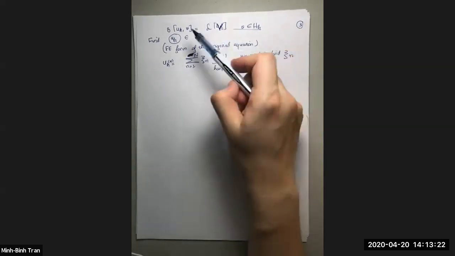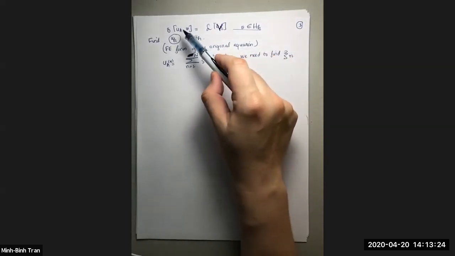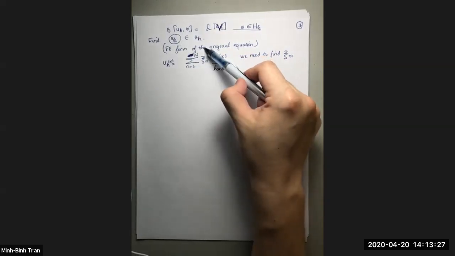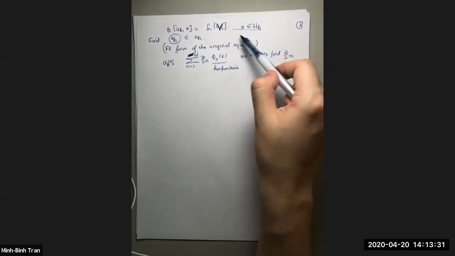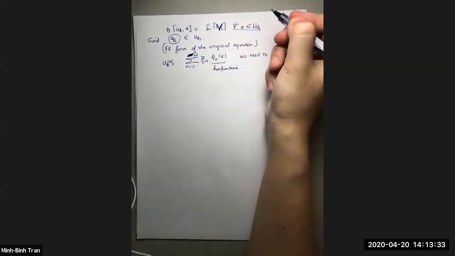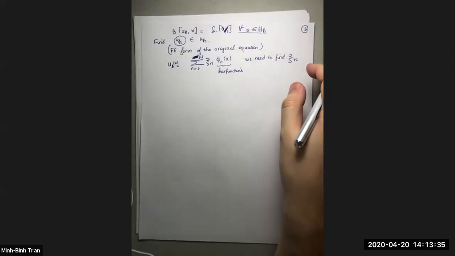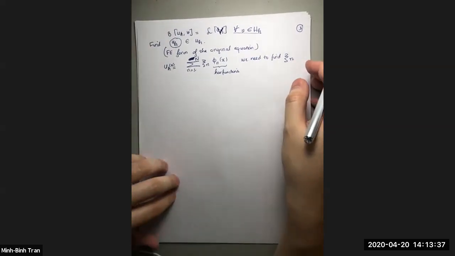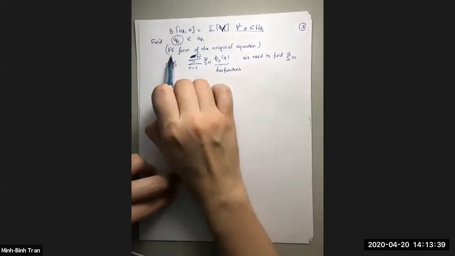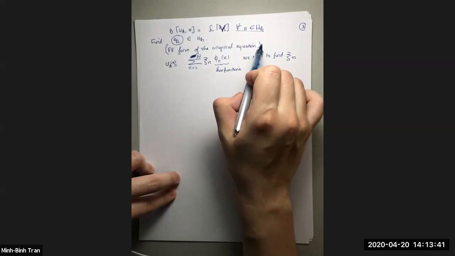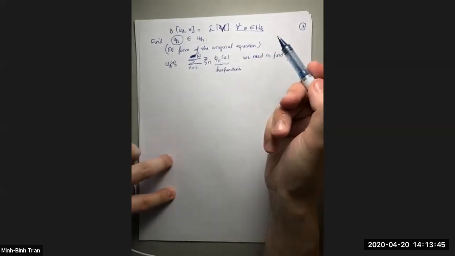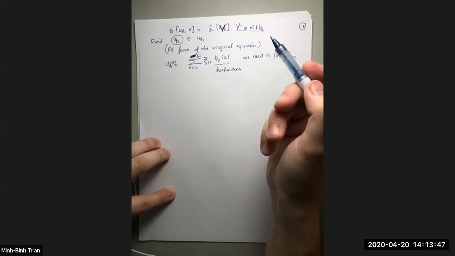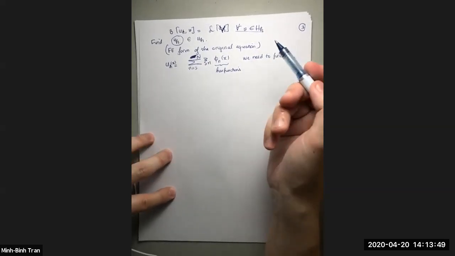So I explain again: you want to find a function U_h in H_h such that B(U_h, V) is equal to L(V) for all V in H_h, right? This is basically the finite element form of the original equation, and this is the simplest example of the finite element method that I'm showing you.